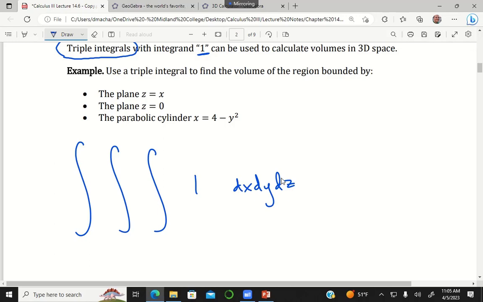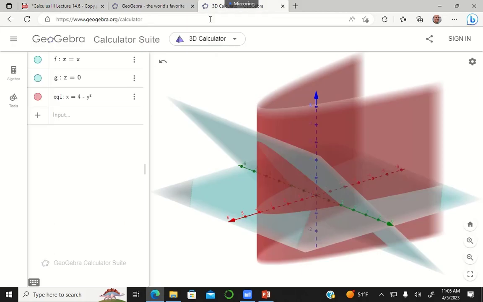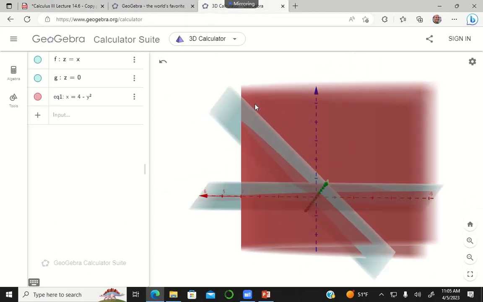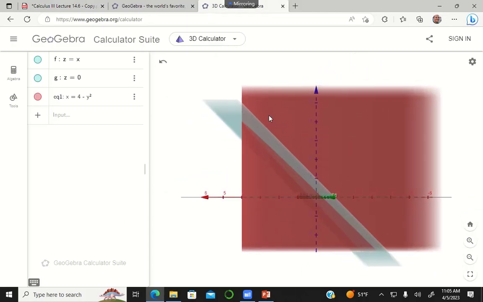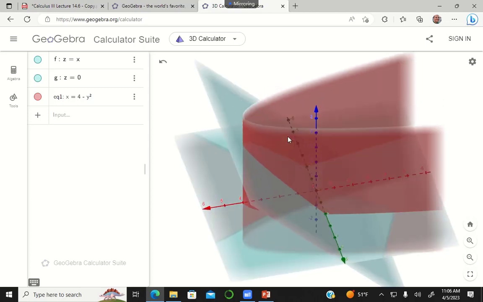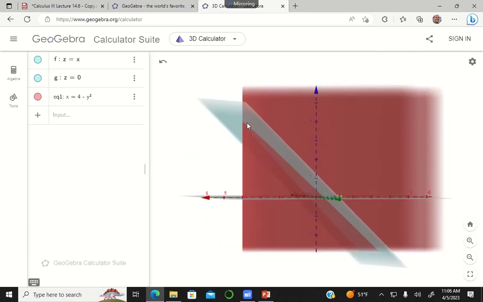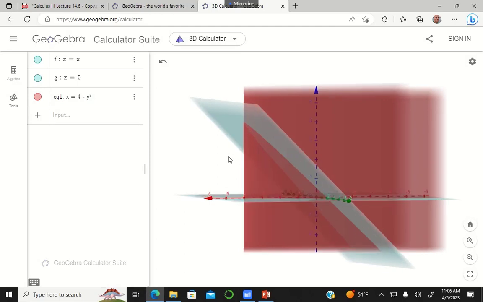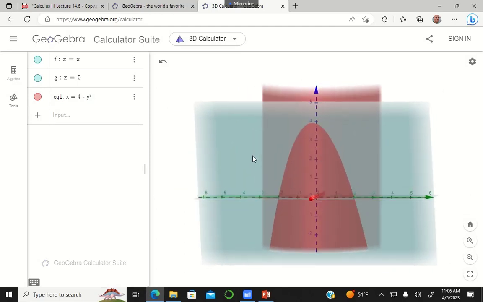And so the minimum constant value for z would be 0 because of that plane. And the maximum constant value for z I could glean from this graph as being 4. If that blue axis is my z-axis, then it looks like the peak of that little solid happens at z equals 4.